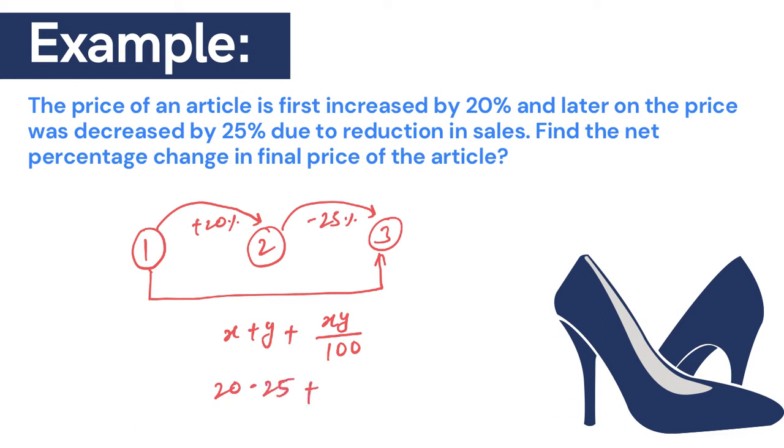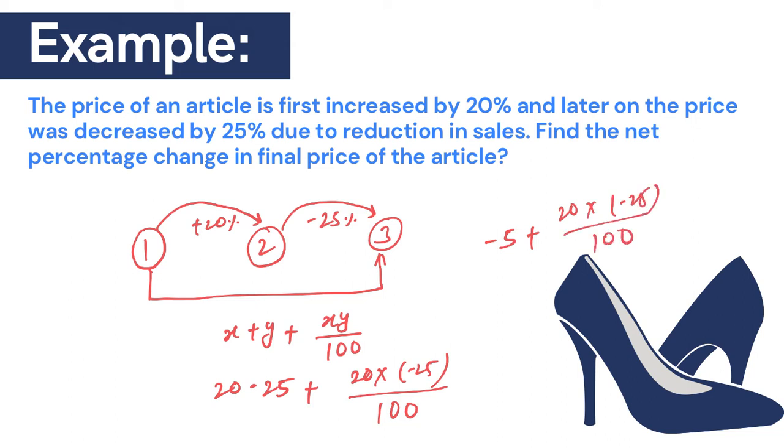Then plus X is 20 and Y is minus 25, so I put here minus 25, and divided by 100. So I can do that: 20 minus 25 is minus 5, plus 20 times minus 25 divided by 100. When I cut this 20 with this 100, I get here 5.